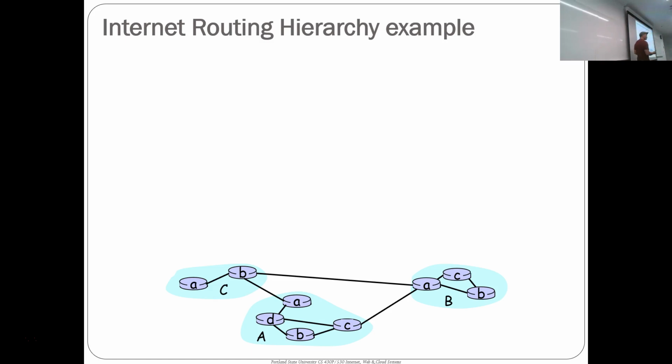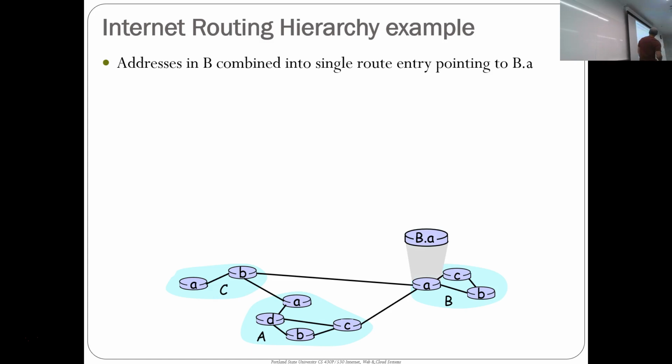Before the internet routing hierarchy, this was treated as one flat network, and you were calculating these routes globally. So if you have three autonomous systems, say A is Portland State, B is Lewis and Clark, and here's Portland Community College. This is what would happen.